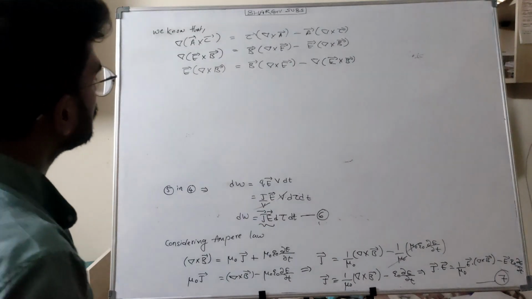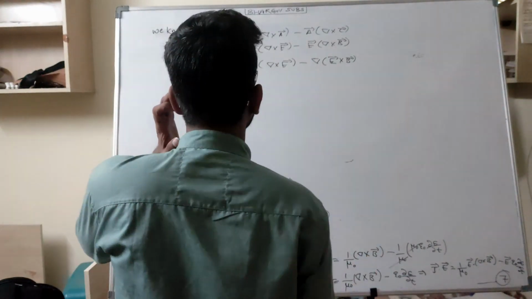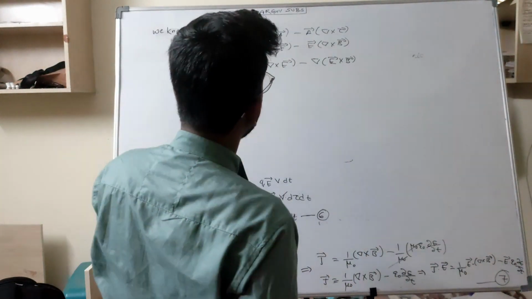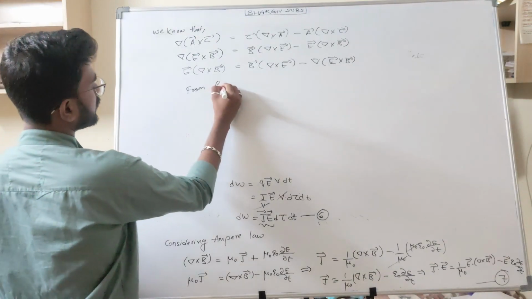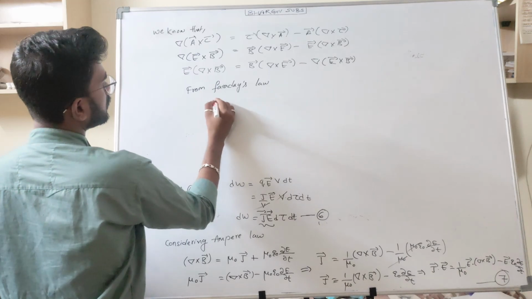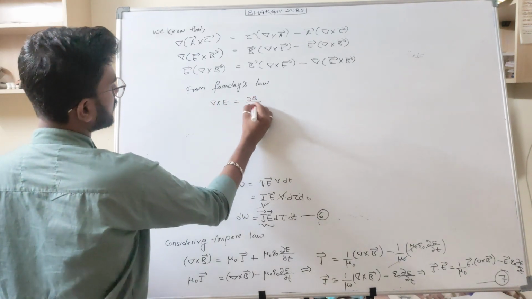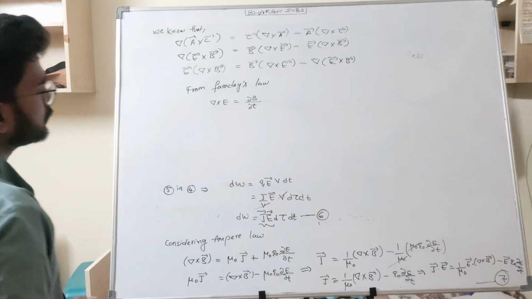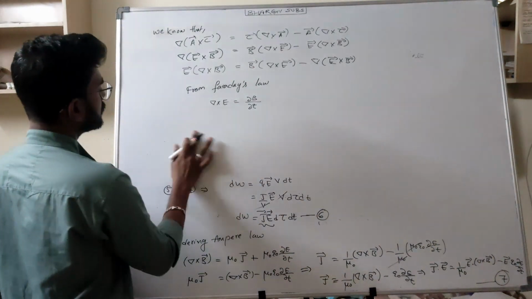Correct? So again, I know from Maxwell equations, from Faraday's law. So what I know? Del cross E is equal to minus dB by dt. Okay, now I will substitute that dB by dt in the above formula. So what I will get?